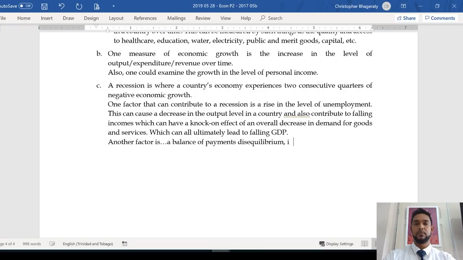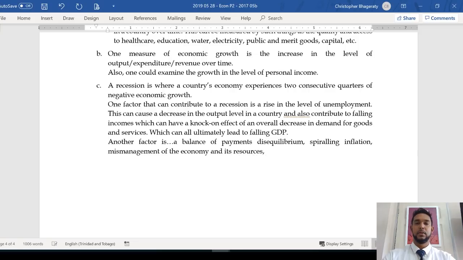Spiral inflation or recession, mismanagement of the economy and its resources, civil unrest, harsh weather, harsh climate.